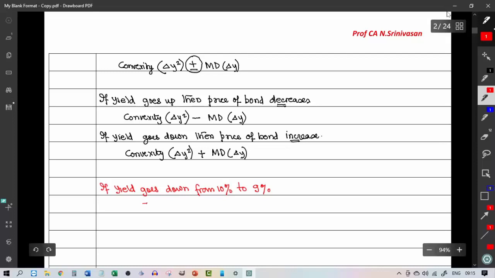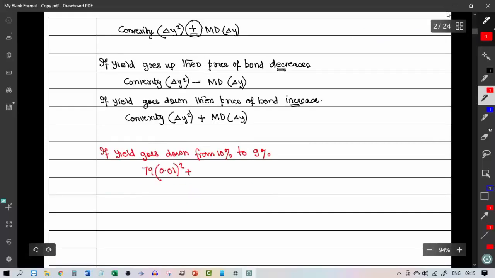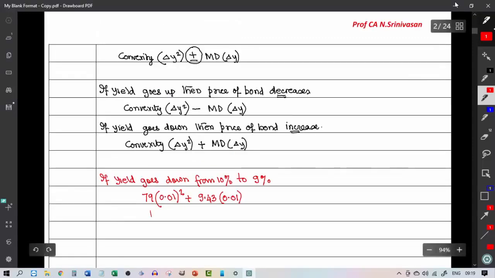We've calculated convexity as 79. Delta y square, now we are calculating for a percentage change in the yield, so that will be 0.01 whole square plus 9.43, which is the modified duration, into delta y, that is 0.01. Now if we solve this, we get 10.22%.